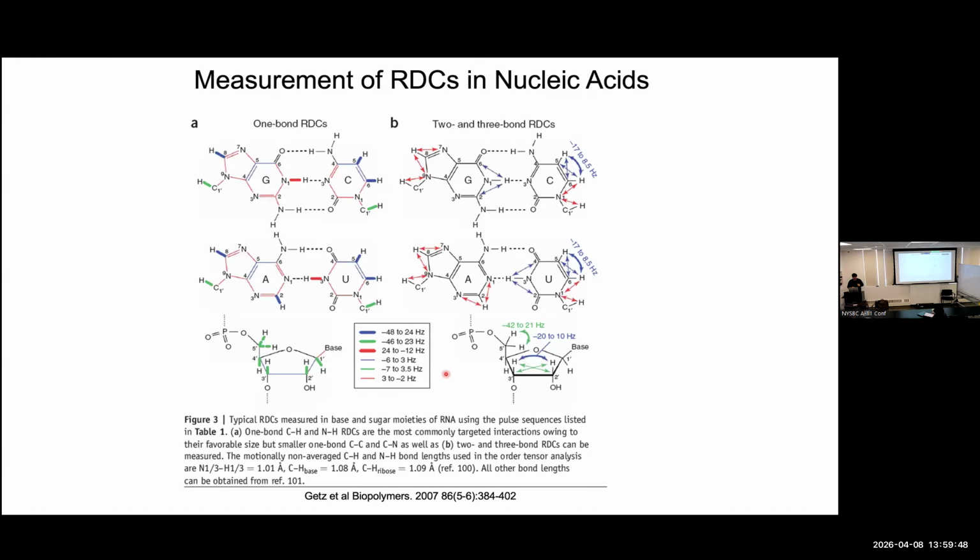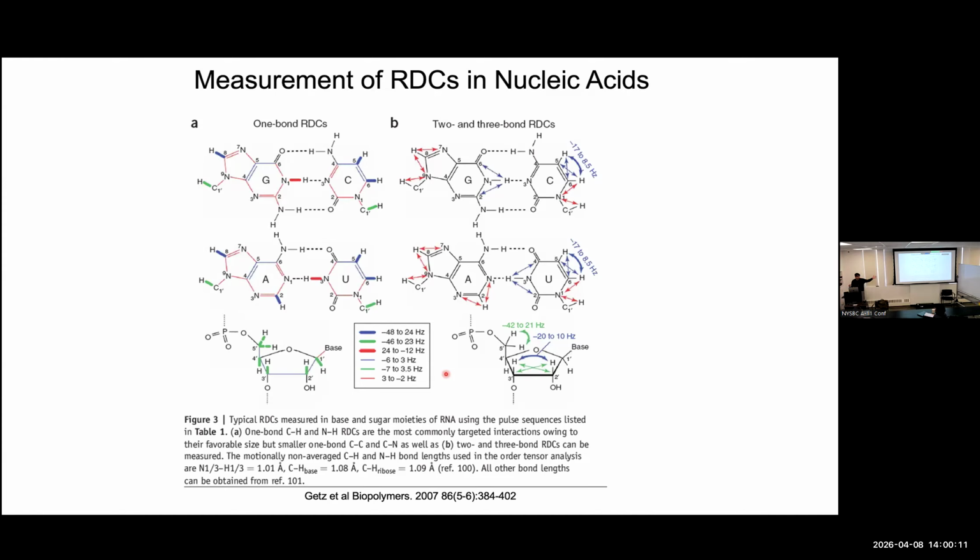Okay, so now I've figured out a way to align this, and the question is, which RDC am I going to measure? Which RDC is the most valuable? In general, you have different things that you can measure. They all have the same angular dependence, right?